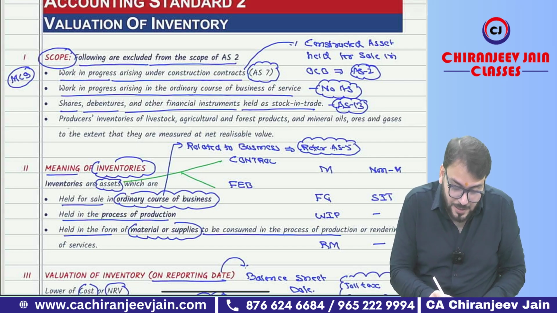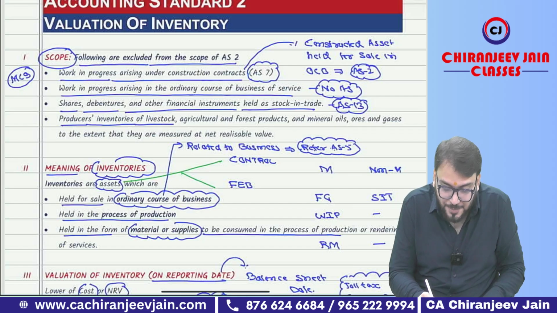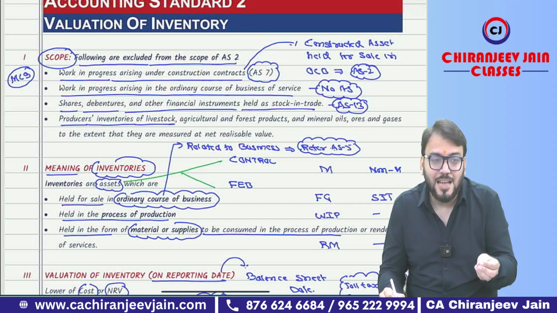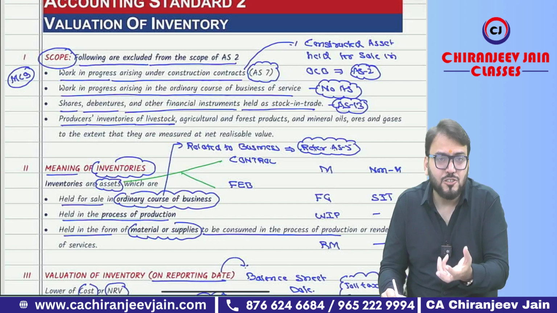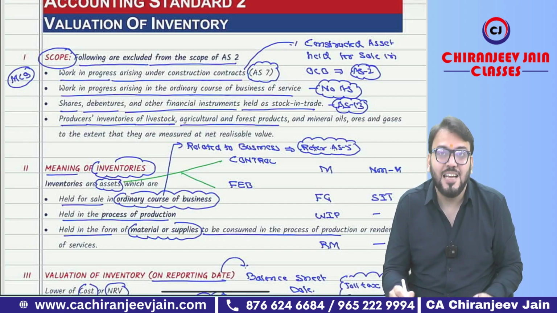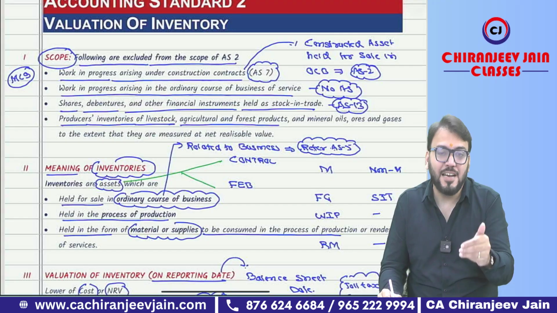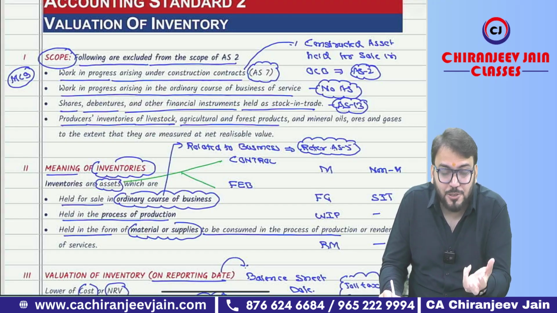Okay, sir. Then producer of inventories of livestock. Livestock means living animals. Agriculture and forest product means if you are doing agriculture, any agriculture produce, any forest produce.